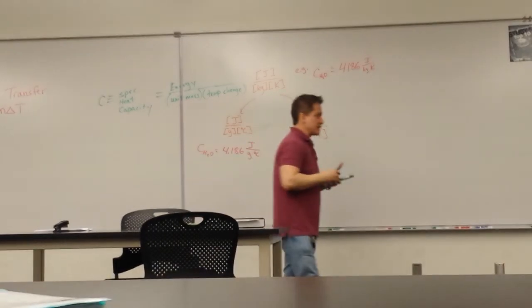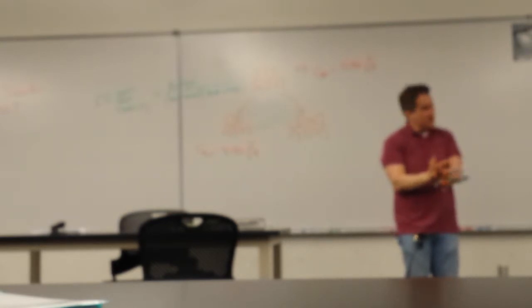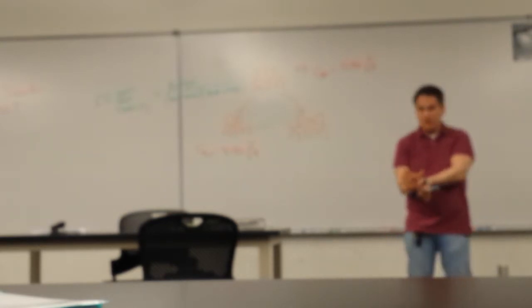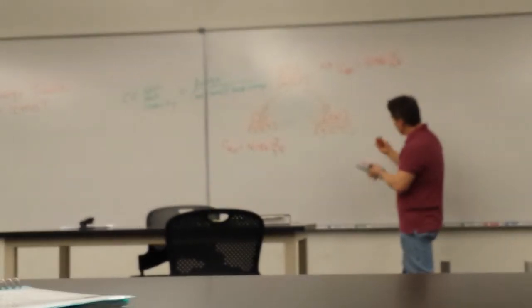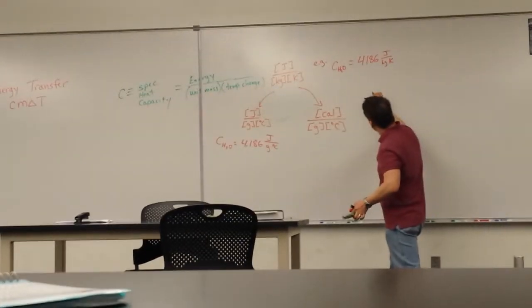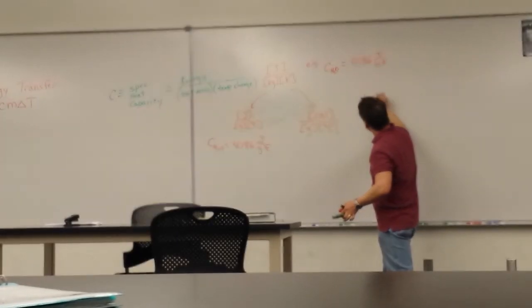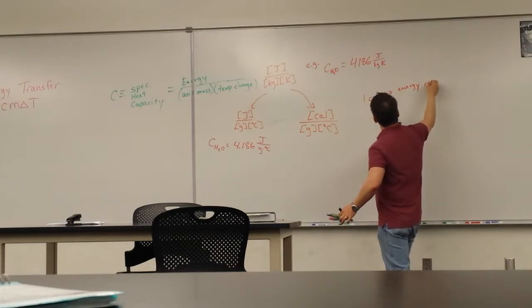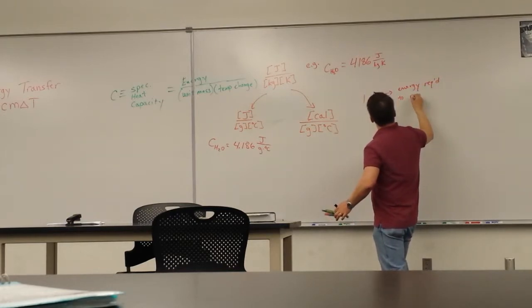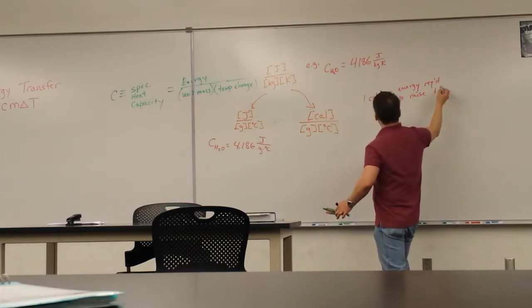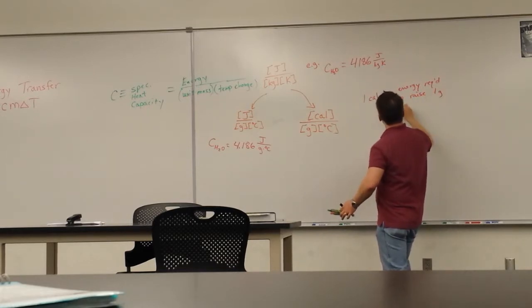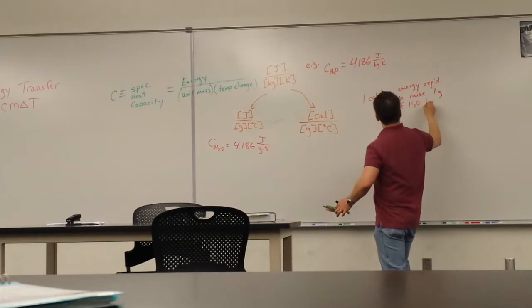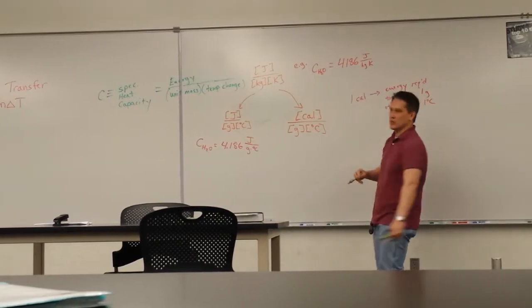And to give you a sense, the original concept of the energy unit in calories, which was defined in terms of water, one calorie corresponds to the energy required to raise, arbitrarily, 1 gram of water by 1 degree Celsius.